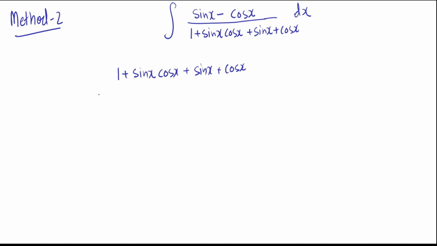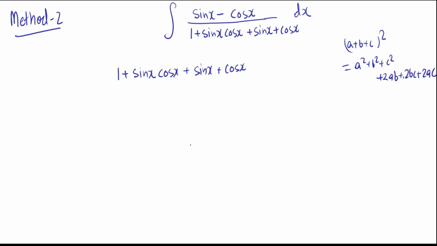So if you try to observe this here, you know what (a plus b plus c) whole square is, right? That is basically a square plus b square plus c square plus 2ab plus 2bc plus 2ac, right? So I'm trying to convert this into that. Here I don't have any 2, right?